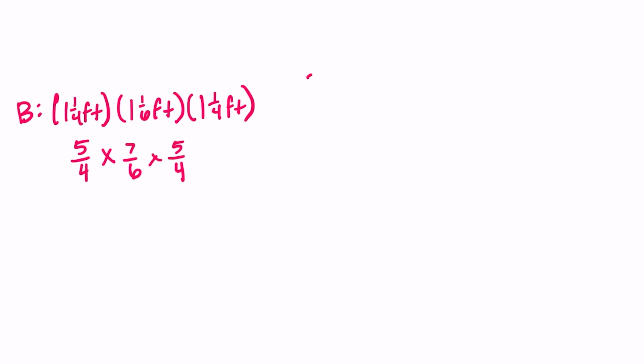So let's do 35 times 5. It's 175. And 4 times 6 is 24. 24 times 4 is 96. So we have 175/96 feet cubed.